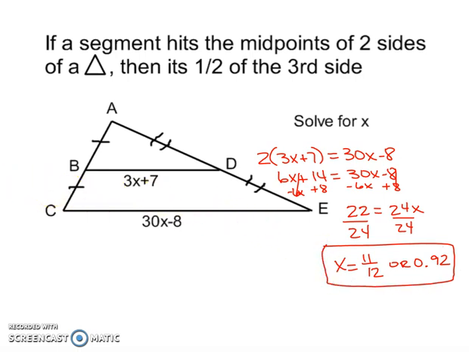And that's what we're going to do to solve for those, and this would be the answer that you would get. So that's what we do to solve for parallel lines and proportions.